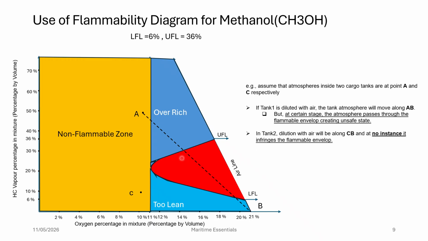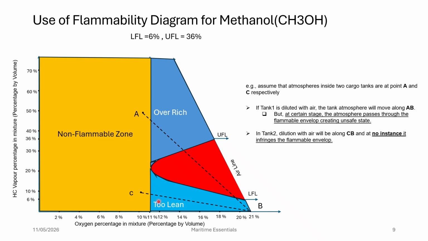Let us see what happens in tank 2. We go to tank 2 and open the tank dome, and the air gets inside the tank. The hydrocarbon percentage goes down and the oxygen percentage goes up, and the tank atmosphere follows the CB line.